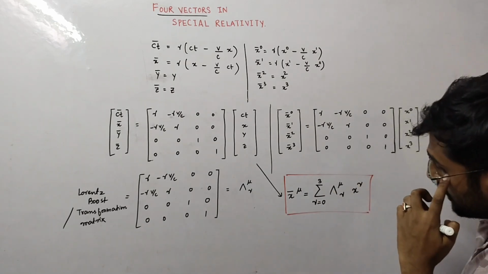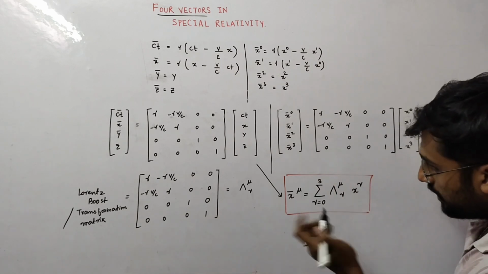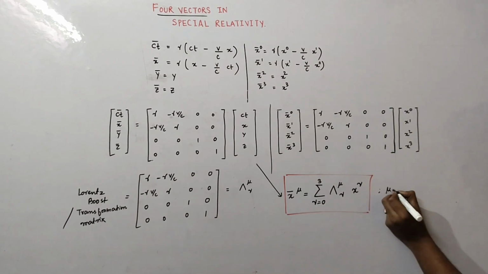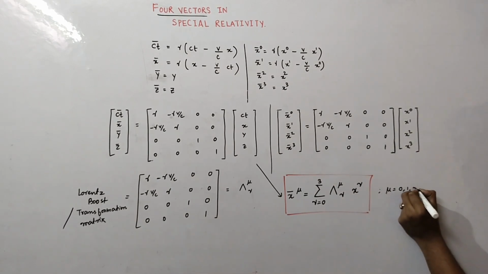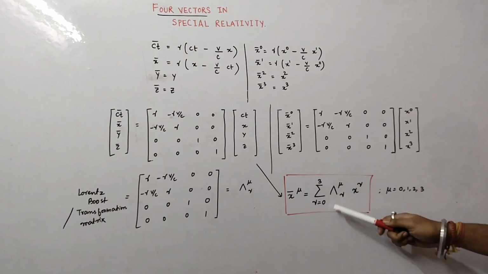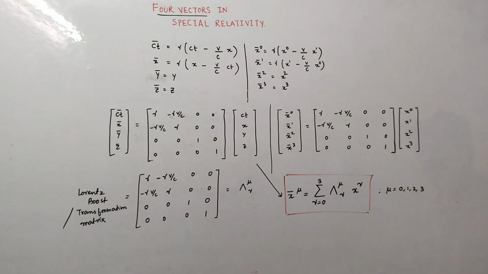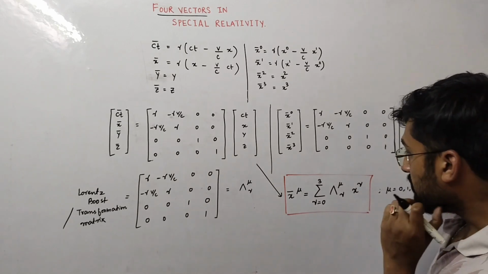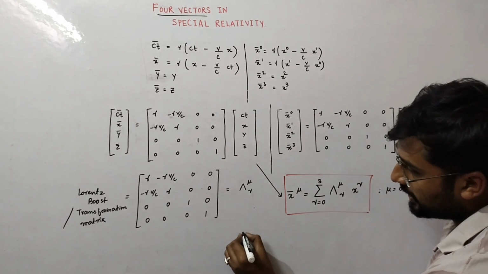By the way, the value of mu goes from 0, 1, 2 and 3. These are the only values that mu will take, and mu goes from 0 to 3, right? So let me try to express it.